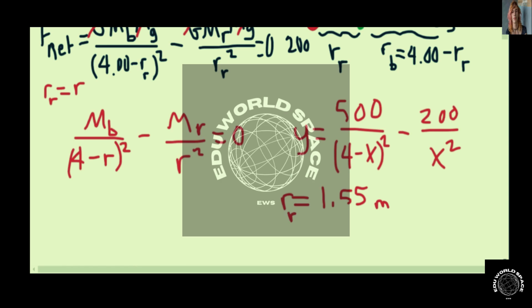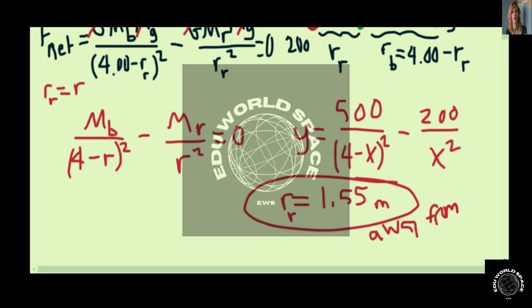So R sub R is 1.55 meters. It also crosses the x-axis at negative 6.883, but we're looking for a positive answer because it needs to be between the two. So our answer then is 1.55 meters away from the 200 kilogram object.